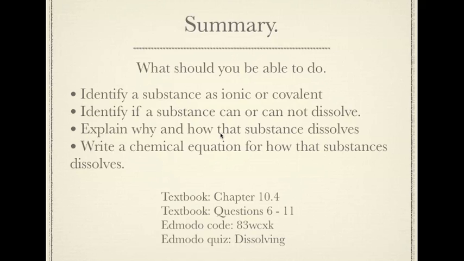If it's covalent and it's polar, it will form those dipole-dipole bonds with water. And lastly, you should be able to write chemical equations to show how the substances dissolve, just like I did in the examples in the slide beforehand. That's what you should be able to do.